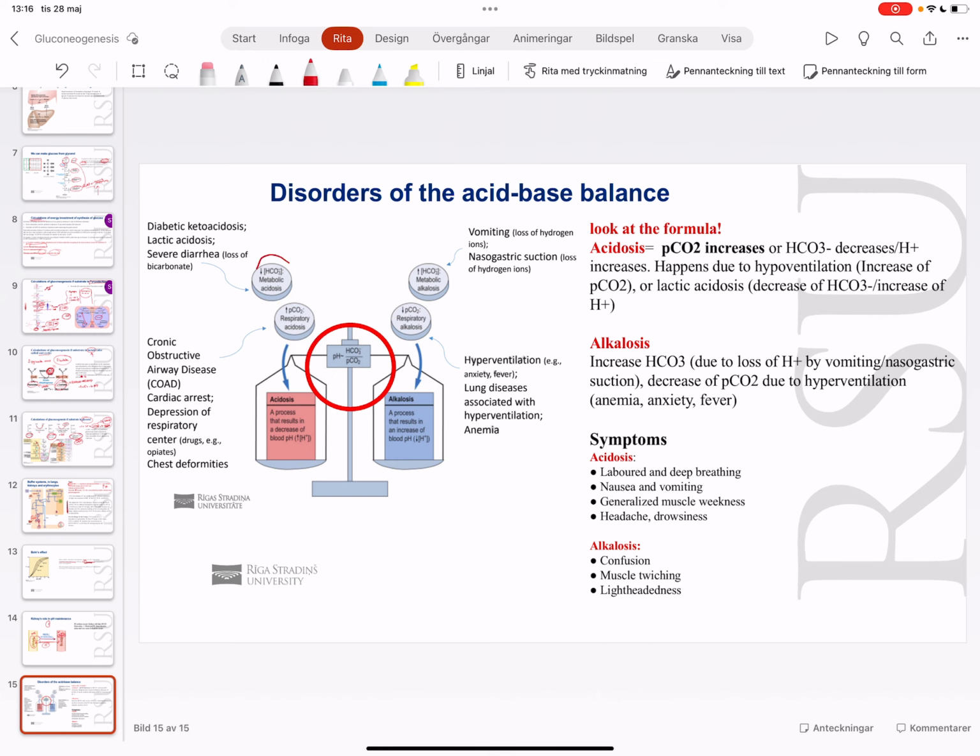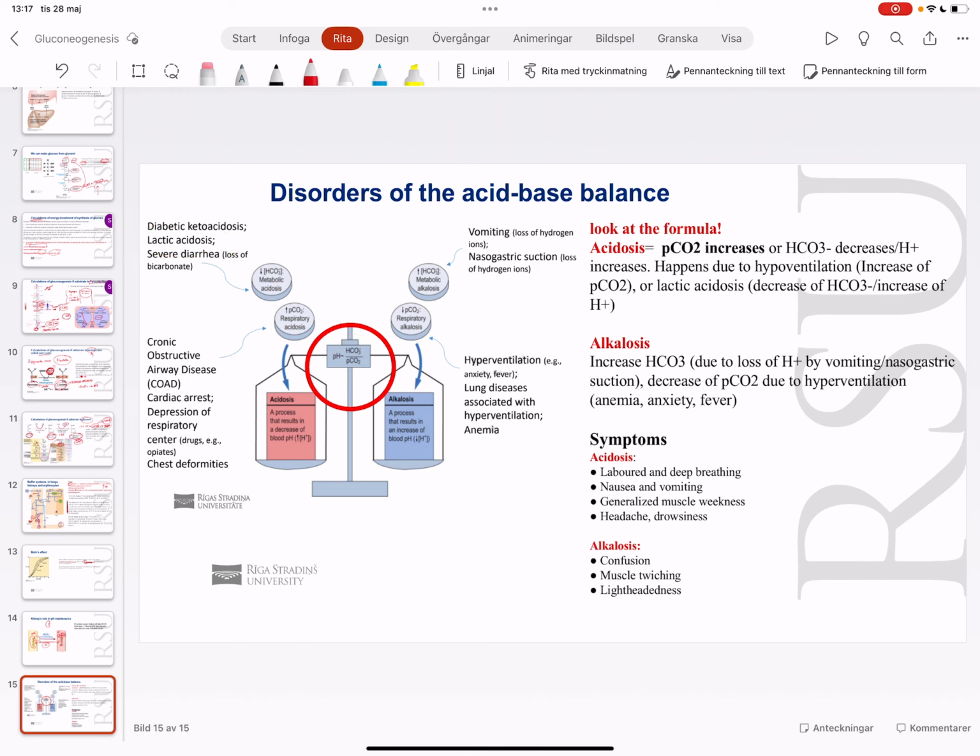And if bicarbonate ion decreases, that is because of these things: diabetic ketoacidosis or lactic acidosis, because lactic acidosis, as I told you, will produce hydrogen ions, and they will react with bicarbonate ions. This will lead to a decrease in bicarbonate ions, which will lead to a decrease in pH, meaning the environment will be more acidic.